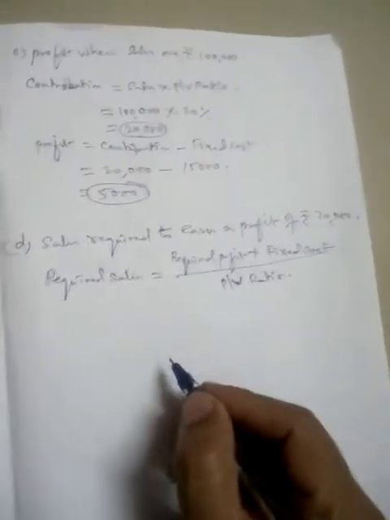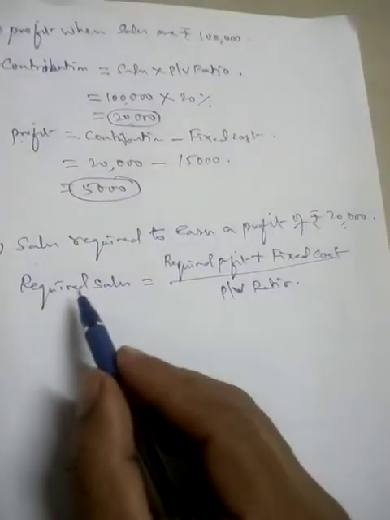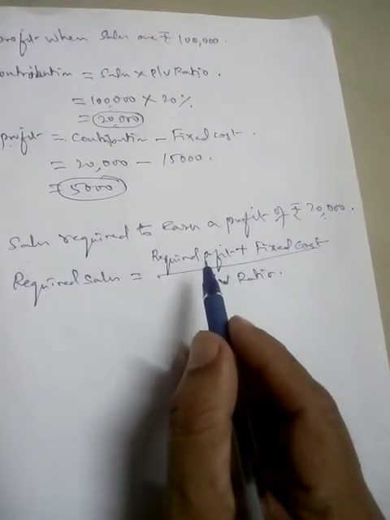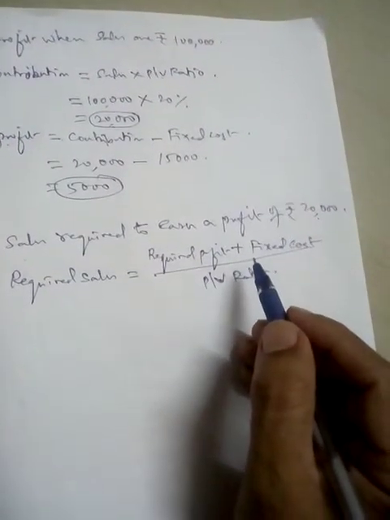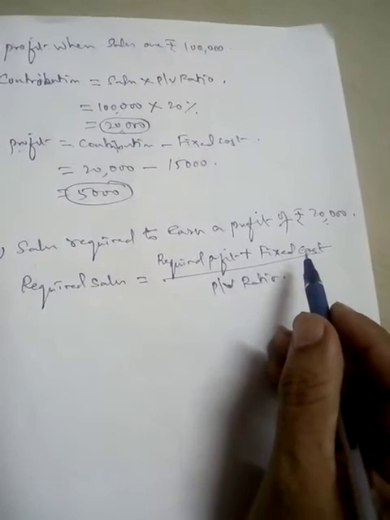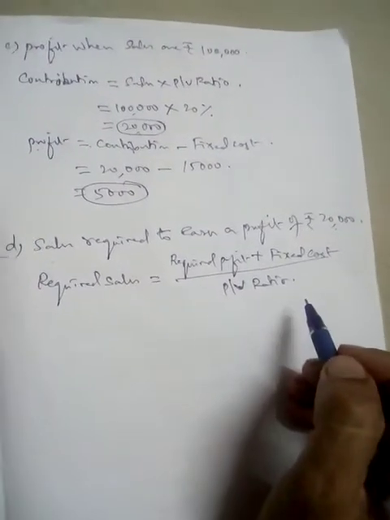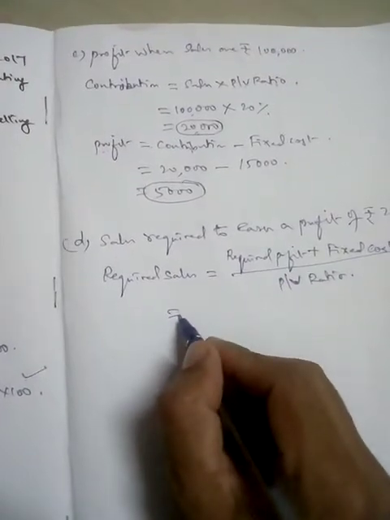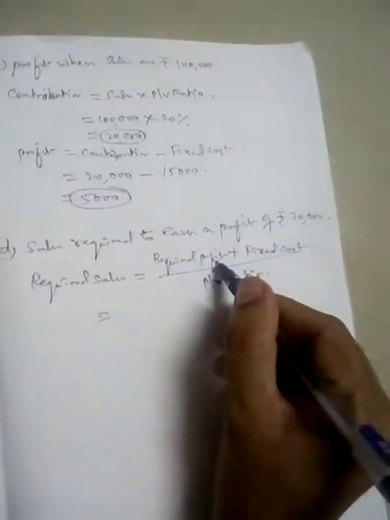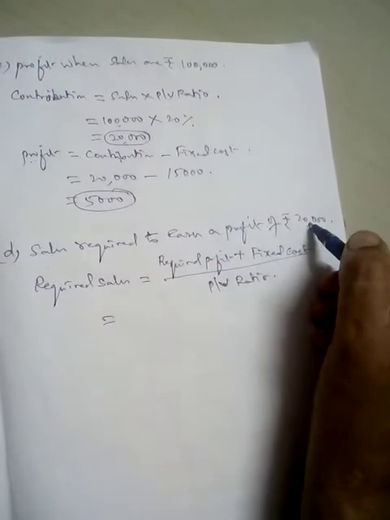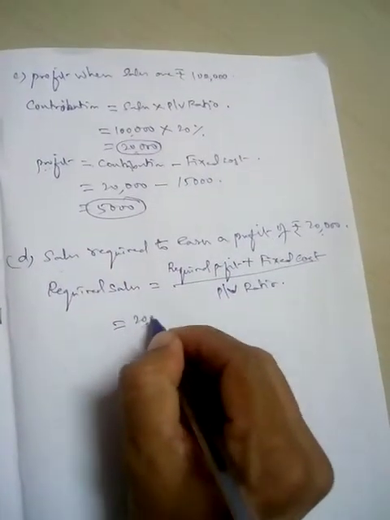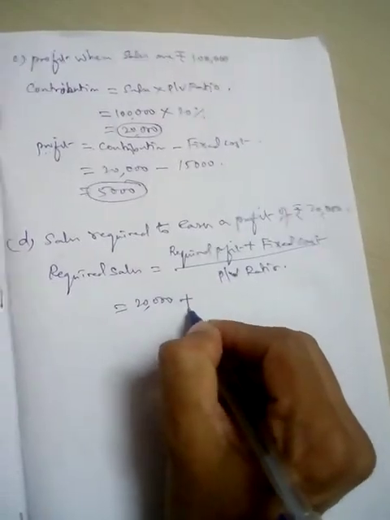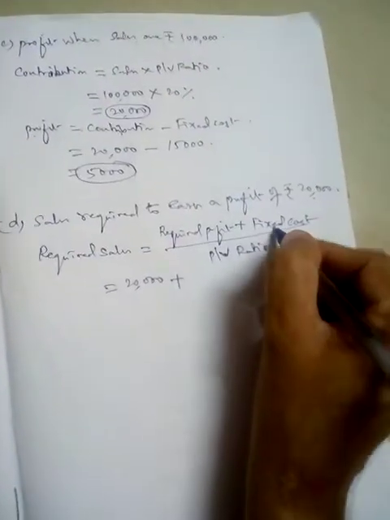What's the formula? Required sales equals required profit plus fixed cost divided by PV ratio. So we have to use this formula. Required profit, here in the question itself, is given as 20,000. Then plus fixed cost. What's the fixed cost?